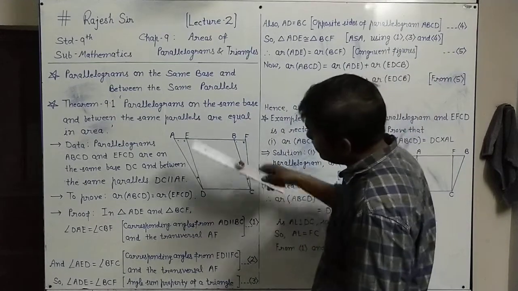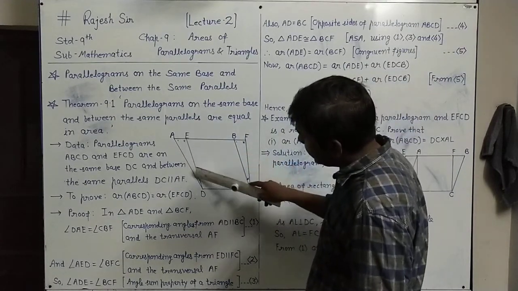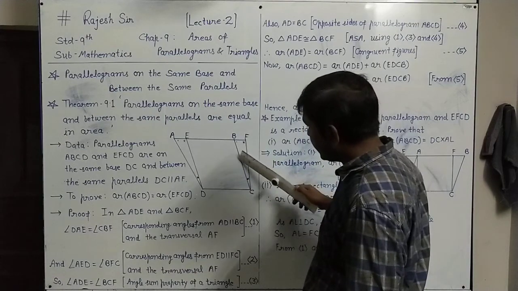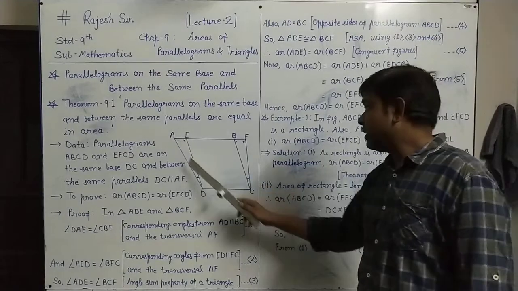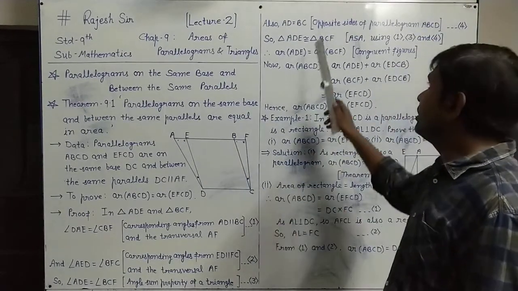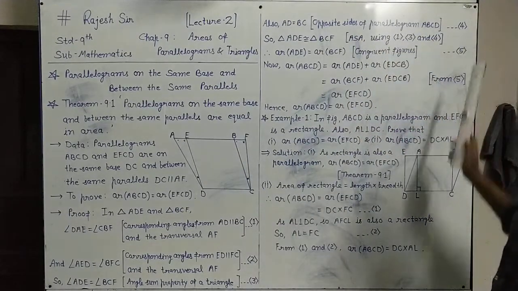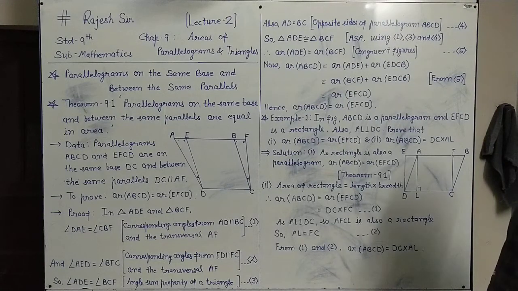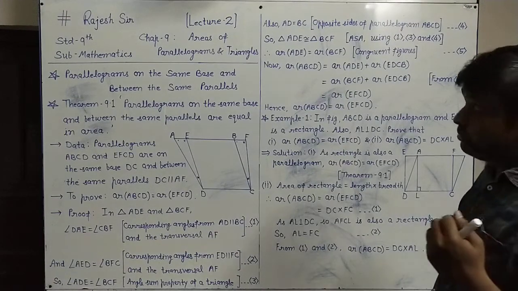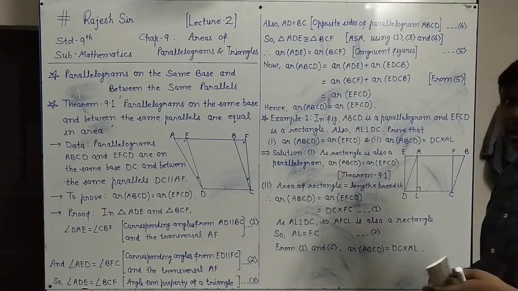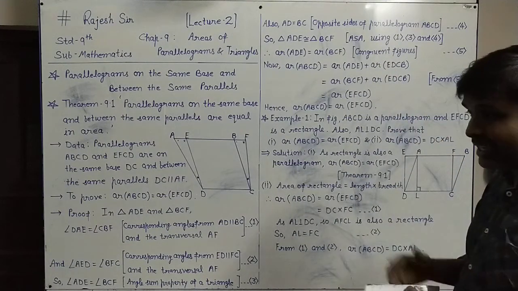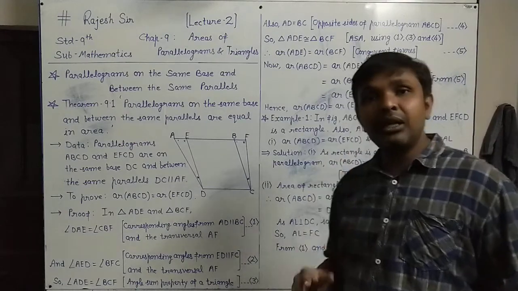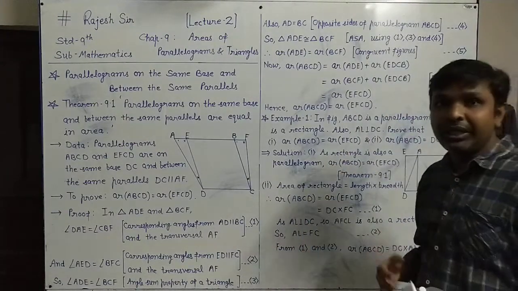So by ASA, both triangles ADE and BCF are congruent using 1, 3, 4. And in the beginning of this chapter, in lecture number 1, we have seen that if two figures are congruent, they have equal area.